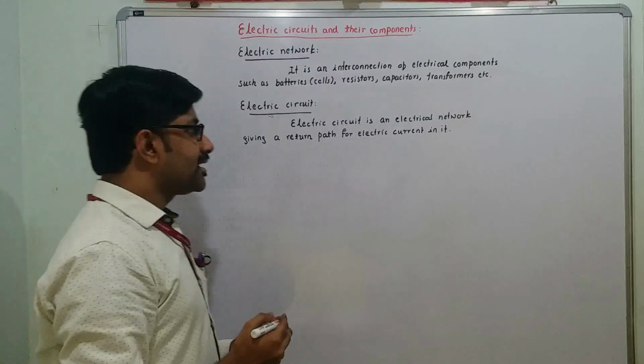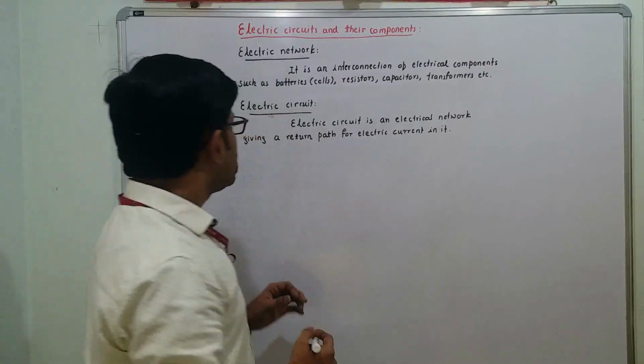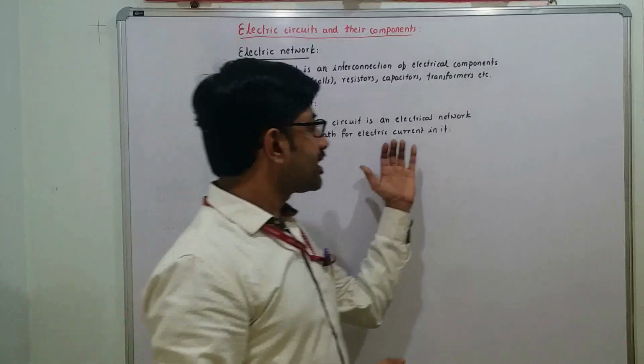So, electric circuit is an electrical network giving a return path for electric current in it.